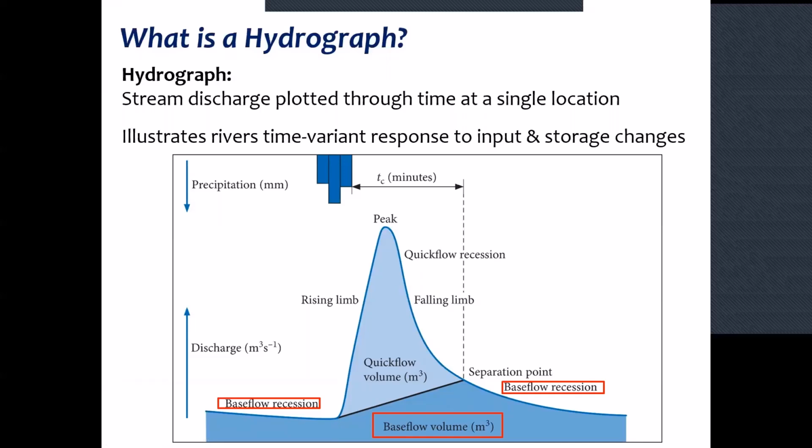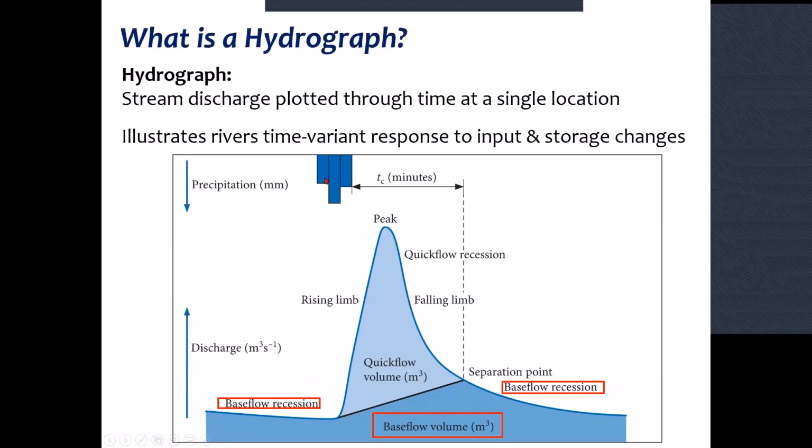It's not always, but it should be, in theory, still receding from the last event or the last inputs into the river system. In reality, it may not, because it may be the amalgamation of lots of other events from lots of different locations, and so this is where it's complicated. But anyway, in an idealistic scenario, we would see that in the absence of any event inputs, the base flow should be receding.